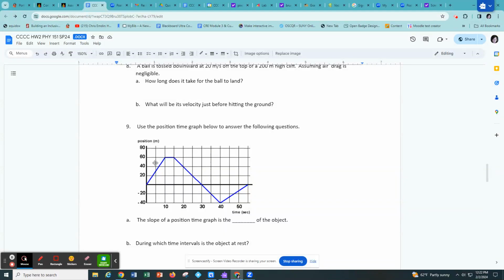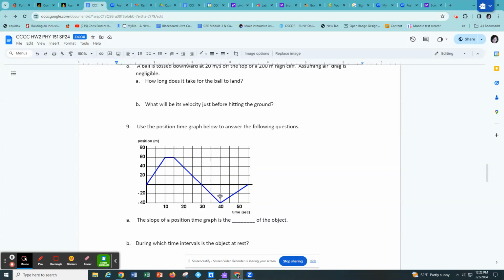It is the constant speed. So in this case, it would be 60 divided by 10, or 6 meters per second in the positive direction. But over here, it will be from 15 to 40, which is 25 seconds, right? One, two, yeah, 25 seconds.